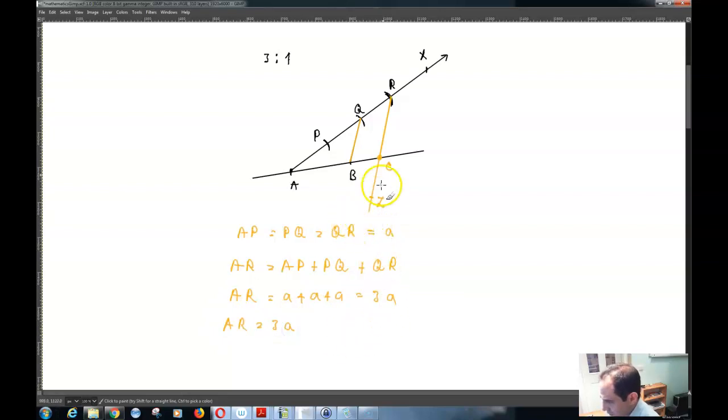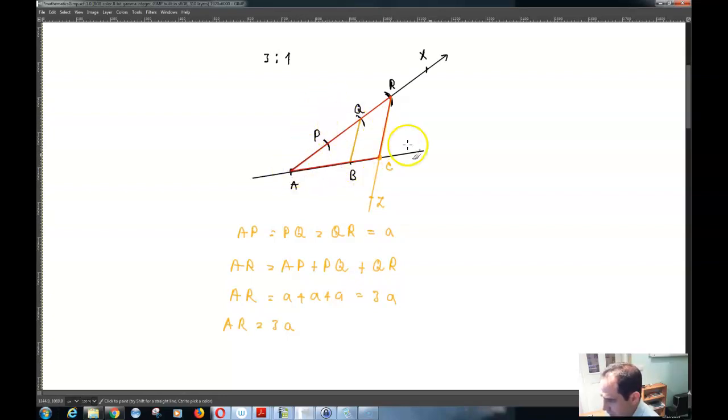Now, as you can see, this over here is of course a triangle. And using the basic proportionality theorem, we said that if a line is drawn parallel to the base of a triangle, it divides the other two sides of the triangle in the same ratio.